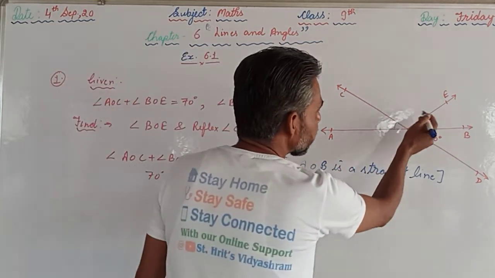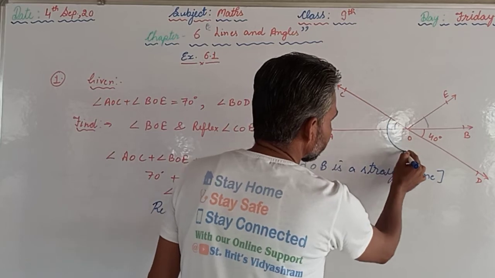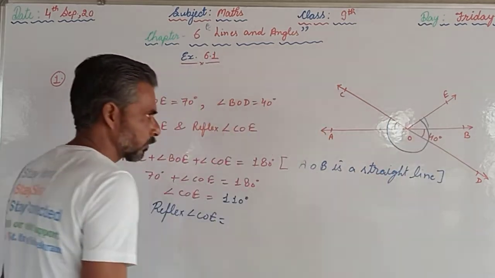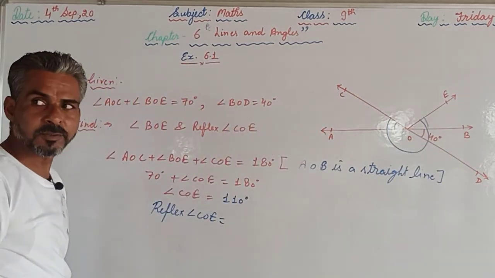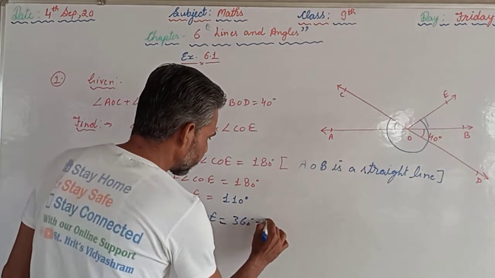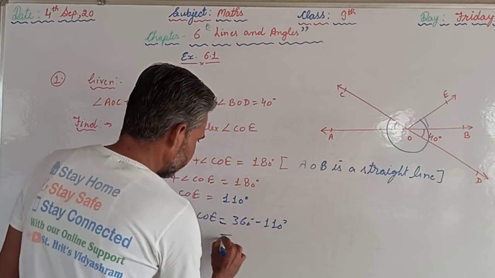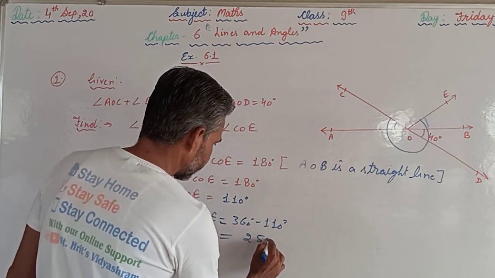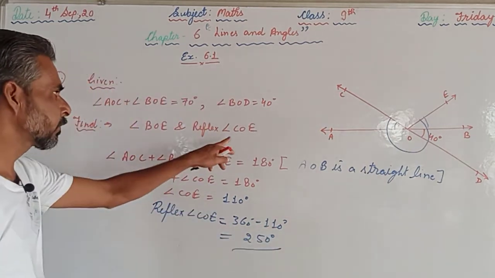If we are supposed to find the reflex of any angle whose value we know, that will be 360 degree minus 110, that will be 250 degree. So that is the second part.